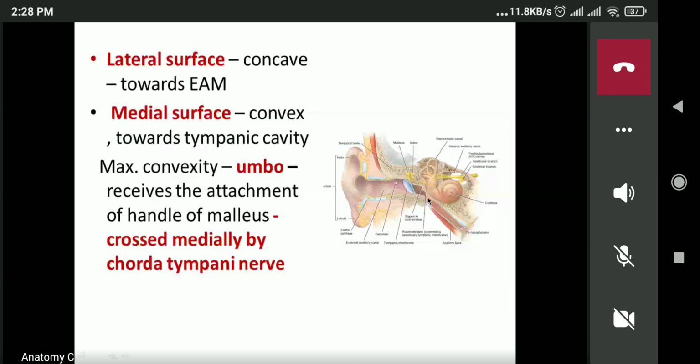In this part, you'll find the attachment of the handle of the malleus. And here it is crossed medially by the chorda tympani nerve. This is important: the tympanic membrane is crossed by which nerve? The chorda tympani nerve, which in turn is a branch of the facial nerve. So this also you should know.